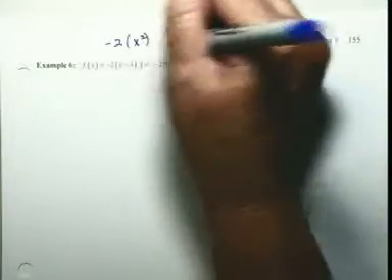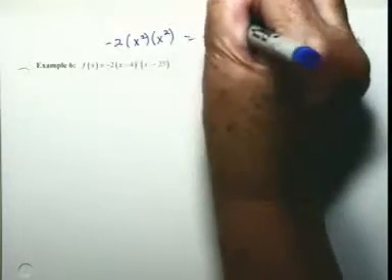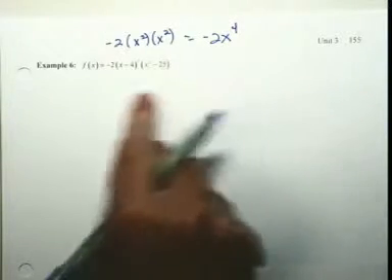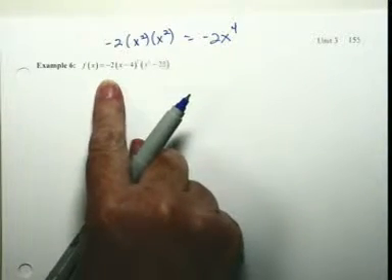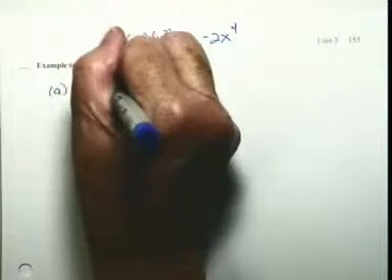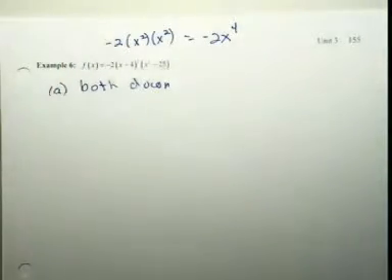I have an x squared here, and an x squared here. I need to know that it is x to the 4th, but I also need to watch that negative up front. So x to the 4th says they're both the same. This time they are both going to be down because of that negative up front. Even though we're just looking at what happens on the x's, we also have to know if it's positive or negative.